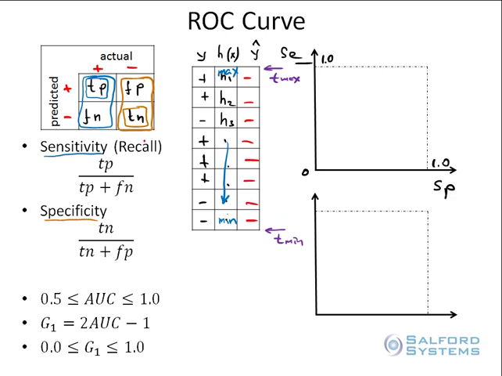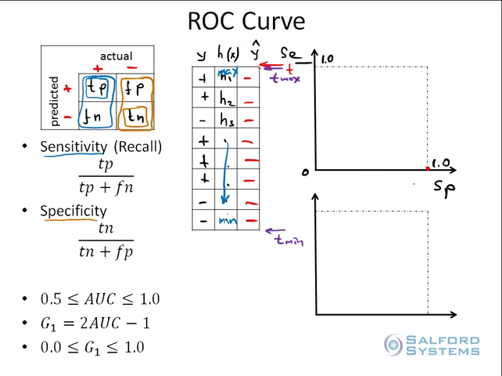So when we have T max as the current threshold, all records are assigned to negatives, and therefore I'm getting a specificity of 1.0 and a sensitivity of 0. So I'm doing a perfect job on my negatives, and I'm completely missing on my positives.